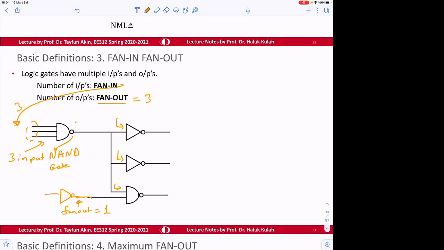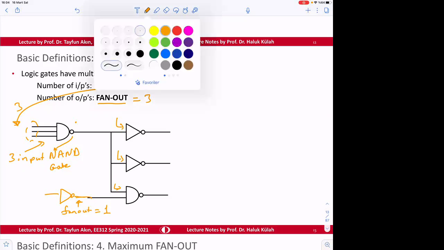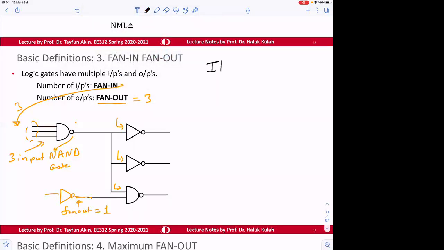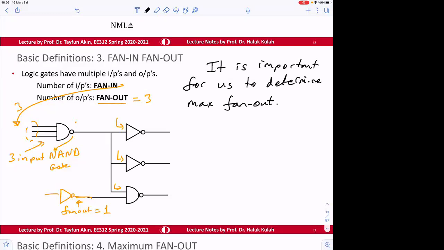Okay. So for us, it's important to determine the maximum fan out, because if we connect more than what this gate can drive, it's going to be a problem.